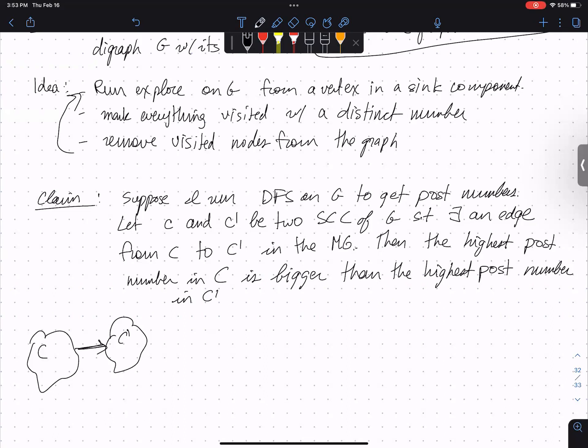I'm relating here the DFS on the original graph, the post numbers from there, to edges in the metagraph. In particular, I'm saying, if there's an edge from C to C prime, if I look at all the post numbers in C, and all the post numbers in C prime, then the highest post number in C is higher than the highest post number in C prime.